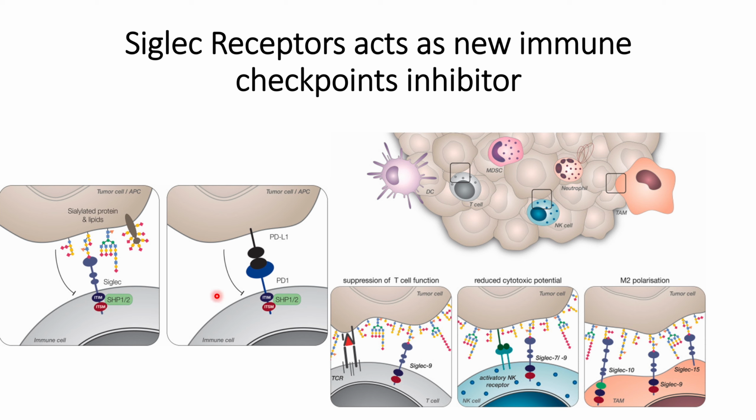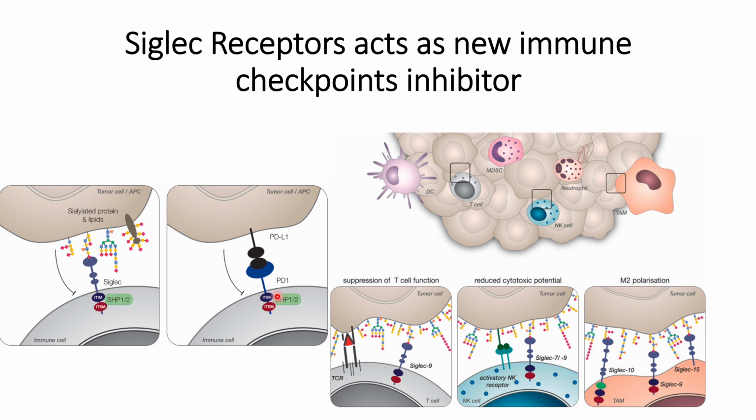So this is in general how the Siglec receptors can act as a new checkpoint inhibitor, whose function is similar to the PDL1 and PD1 interaction.